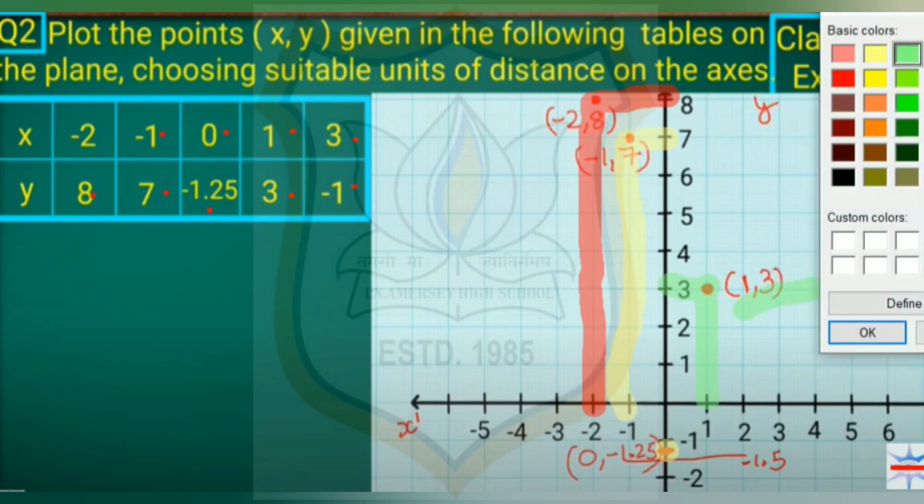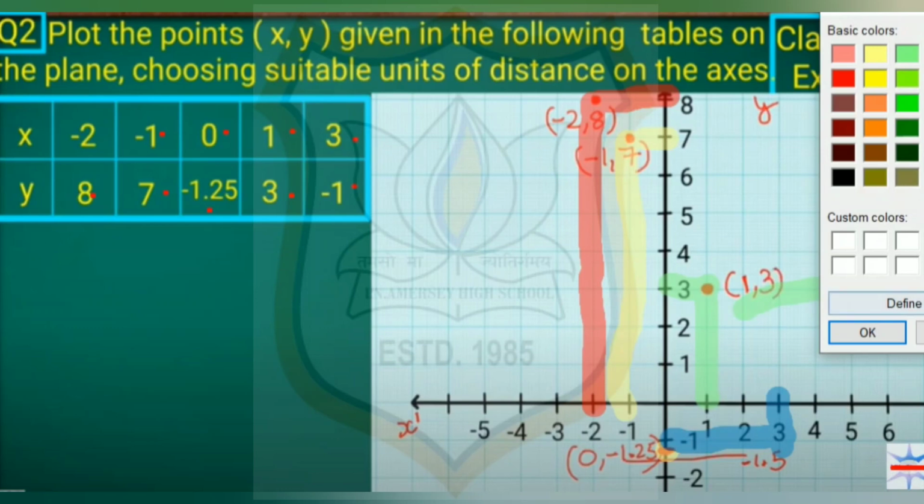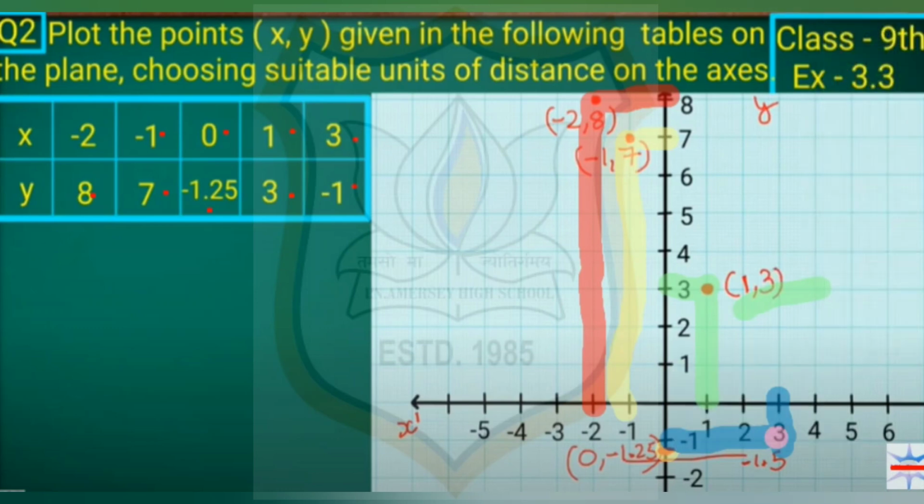First we find 3 on the x-axis, then minus 1 on the y-axis. So we get the point 3 comma minus 1.